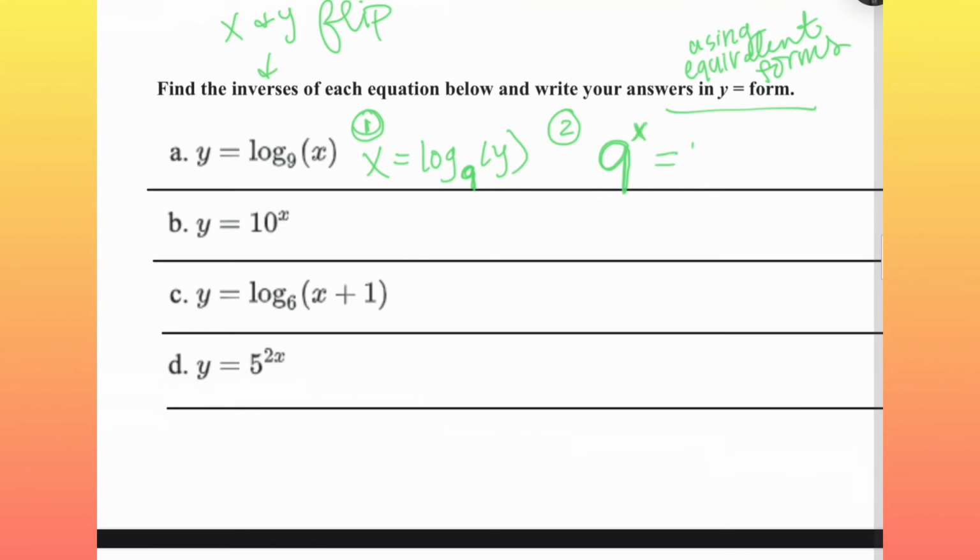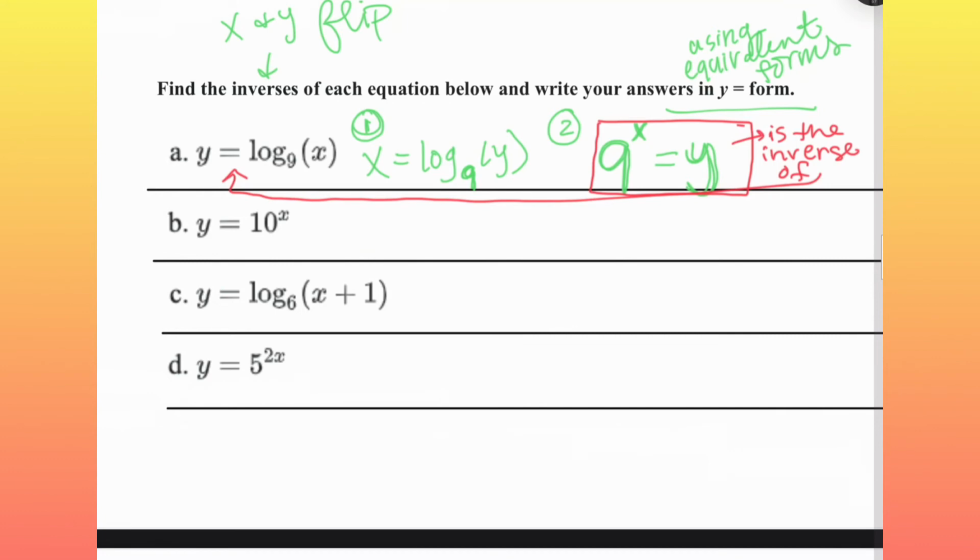That output of x becomes the exponent, and that value of y becomes my output. And then we're done. Since we don't have the inverse notation, I'm just writing myself a note that this exponential function is the inverse of my original log function.